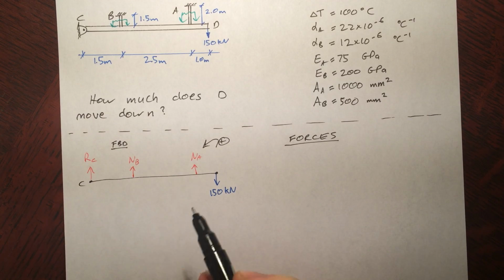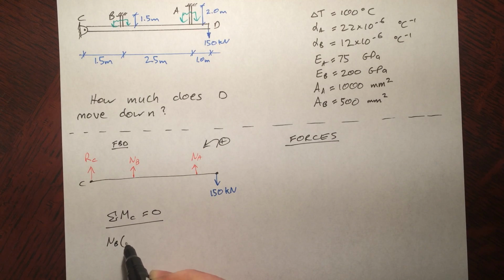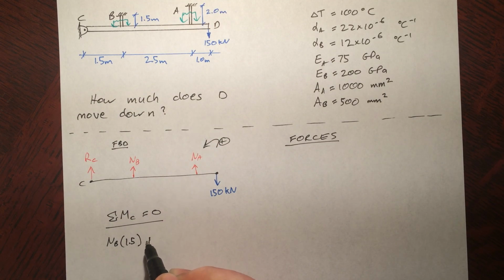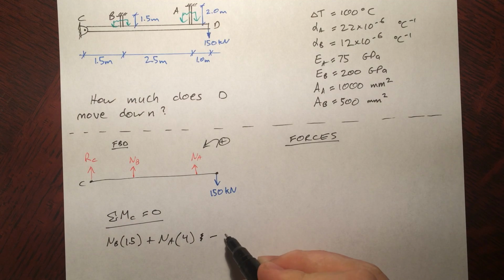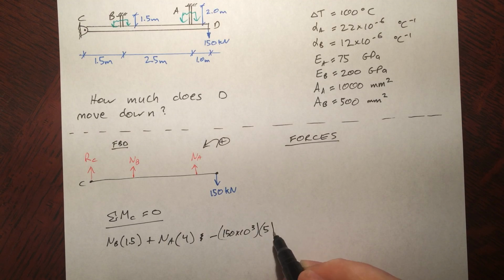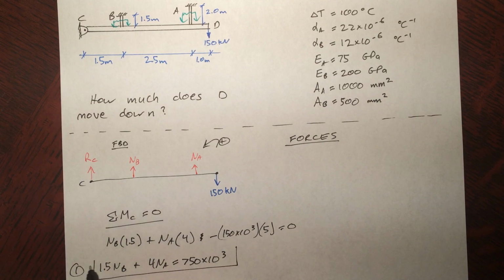If we take moments about point C, the sum of moments about C is 0, so NB times the distance it acts, that's 1.5, plus NA times the distance it acts, 4, minus 150 times 10 to the 3 times the distance it acts, that's 5, equals 0. Quick rearrangement: 1.5 NB plus 4 NA equals 750 times 10 to the 3. This is our first equation.